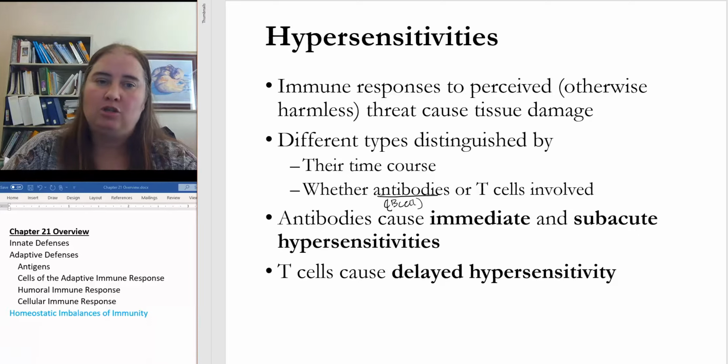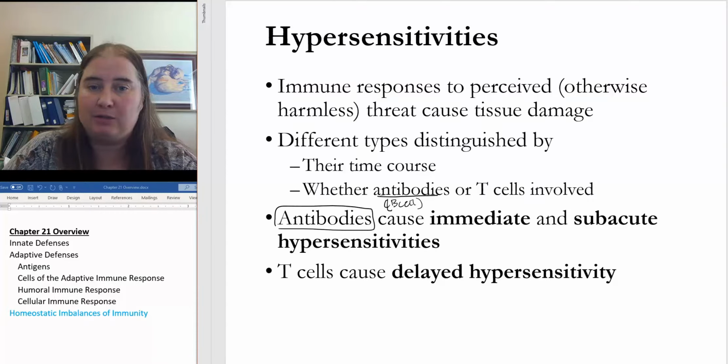Immediate and subacute hypersensitivities are antibody-mediated, so these are controlled by our B cells. And delayed hypersensitivities are triggered by our T cells.